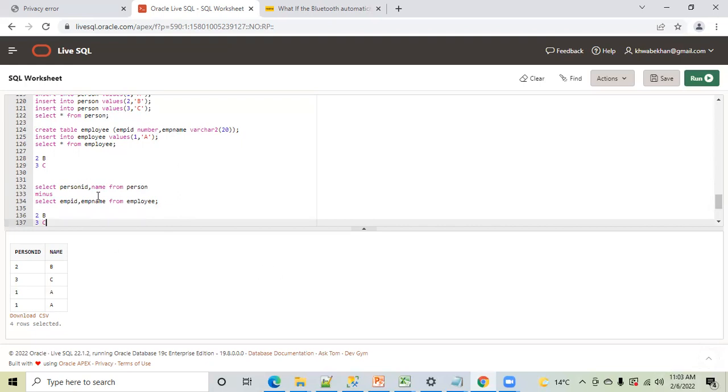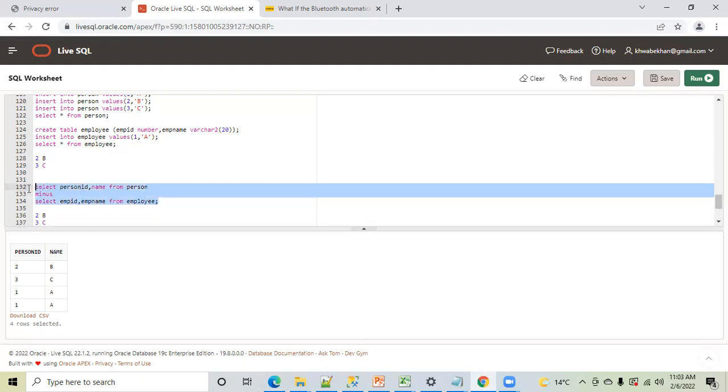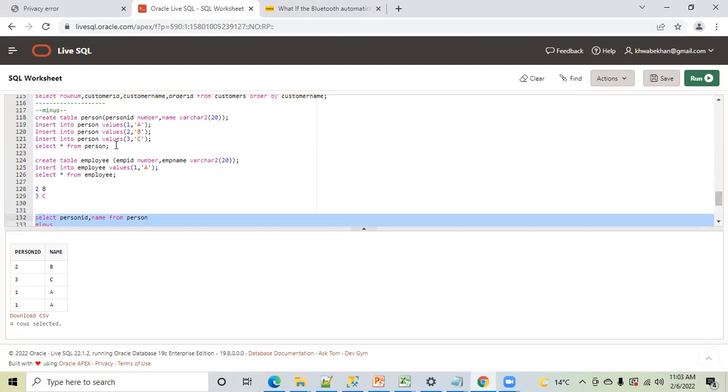But one thing. First of all, what is the meaning of this query? From this query, you are looking for a record which is present in the person table but not present in the employee table.